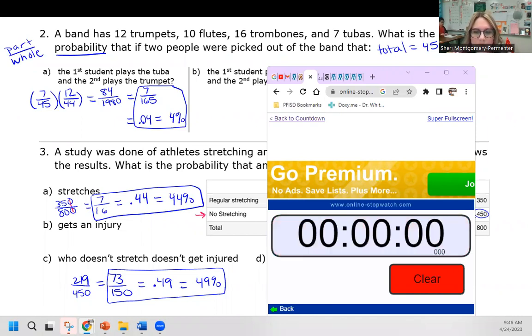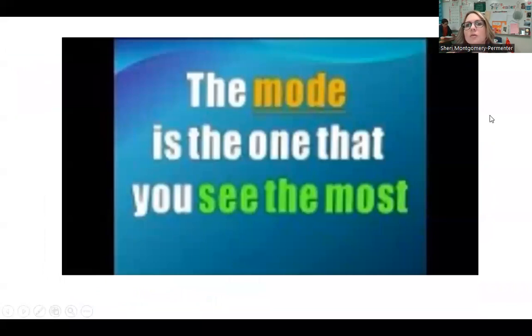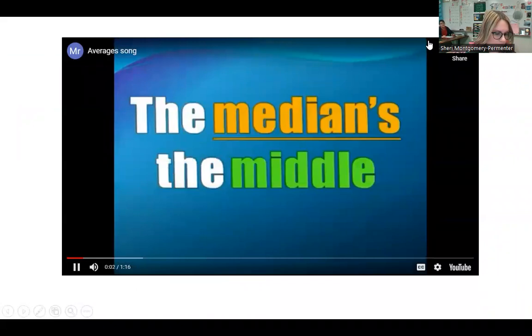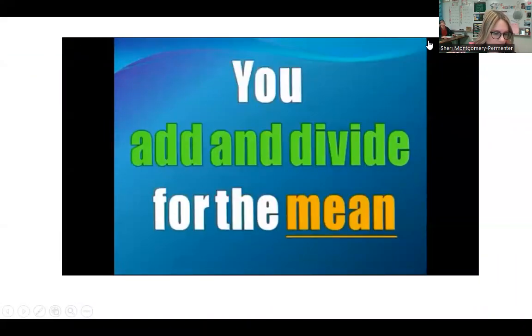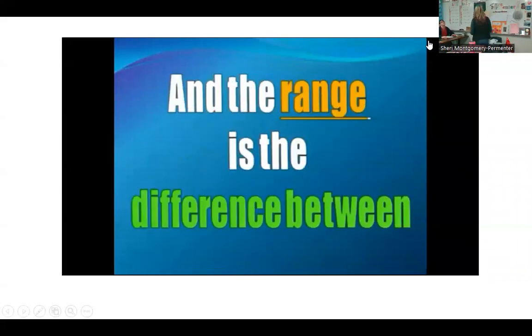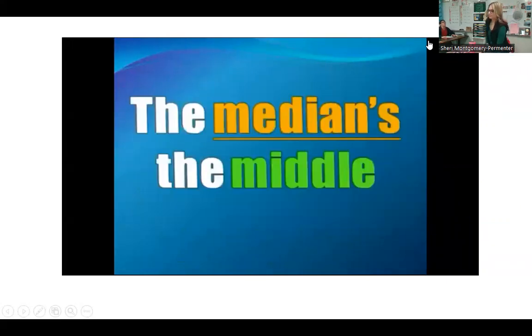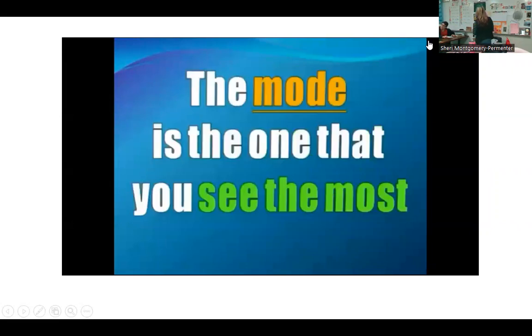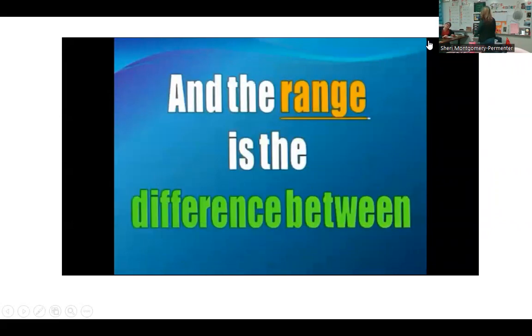All right, we are about to move on to the back side of the worksheet. But before we go, so that we remember.